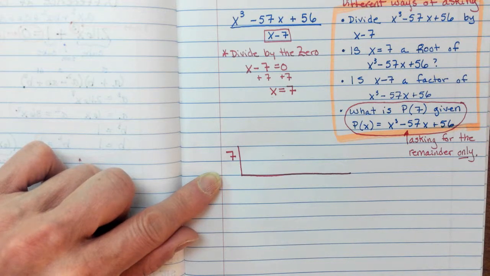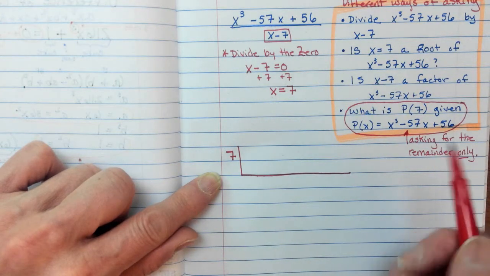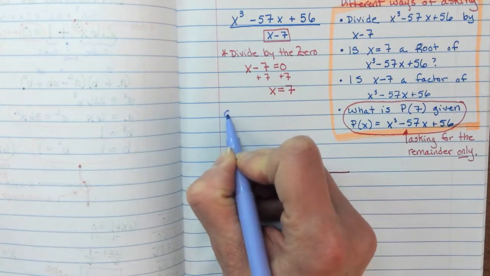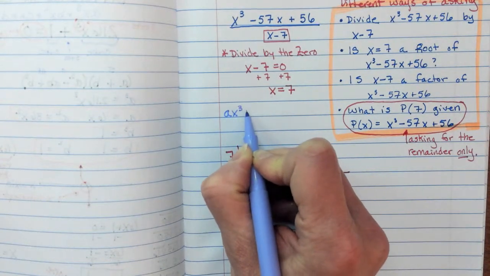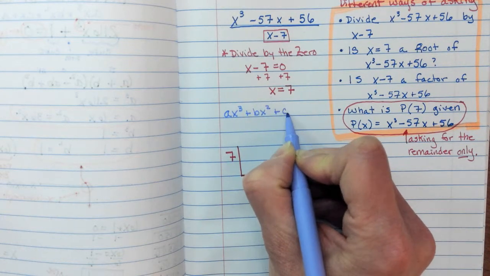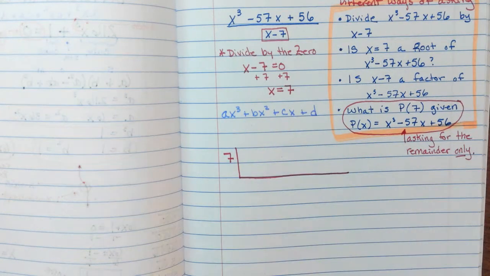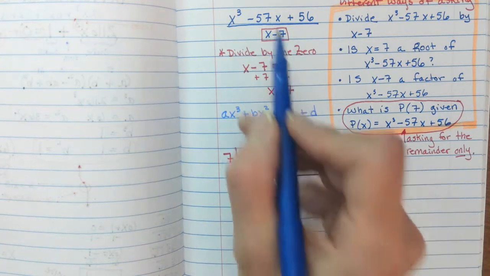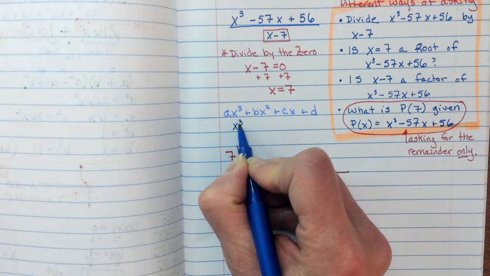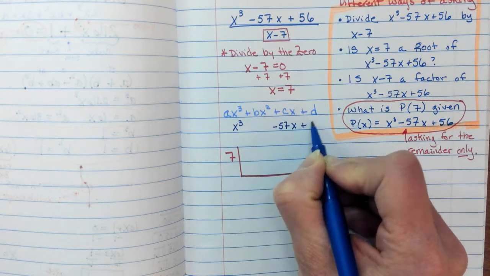But before I do that, let's go ahead and ask, what does a cubic look like in standard form? A cubic in standard form would be ax cubed plus bx squared plus cx plus d. So let's use those as column headers of our polynomial. So my x cubed goes here, my x term is over here, and my d term is here.